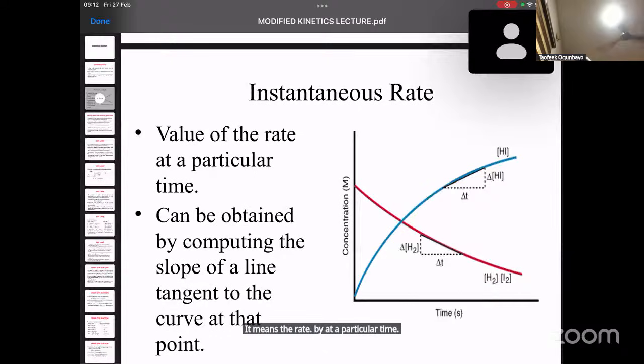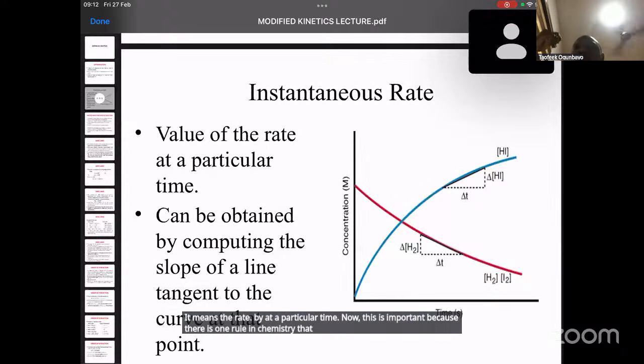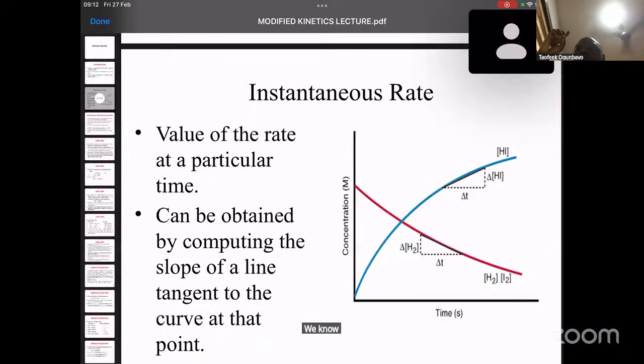Now, this is important because there is one rule in chemistry that we all know: as the concentration decreases, the rate of reaction also decreases. I'm sure that's one basic rule that we learned from secondary school.